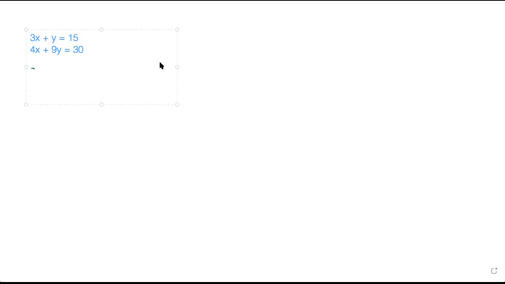So with substitution, instead of trying to work everything out at once like with a system of equations, you realize you can turn this problem into just finding y. 3x plus y is equal to 15.